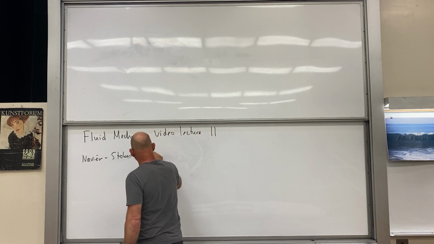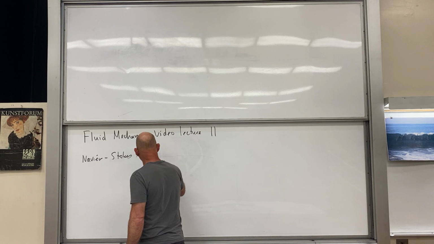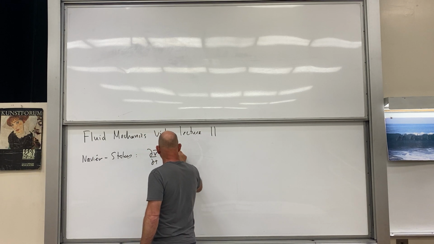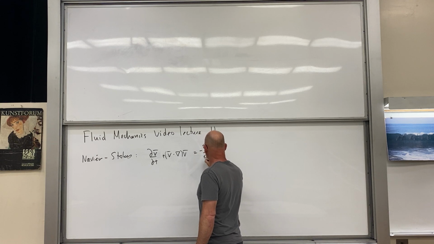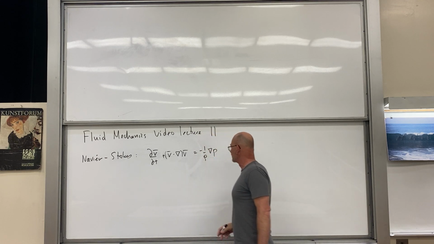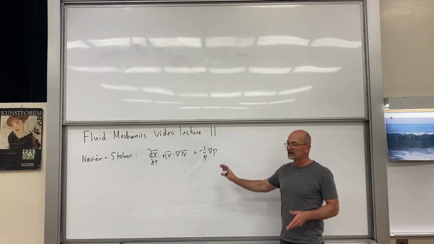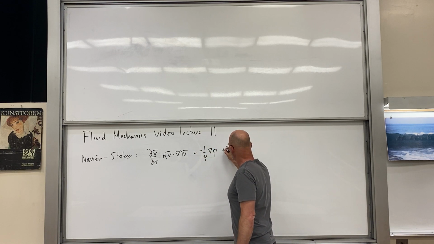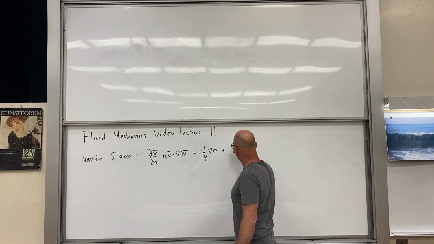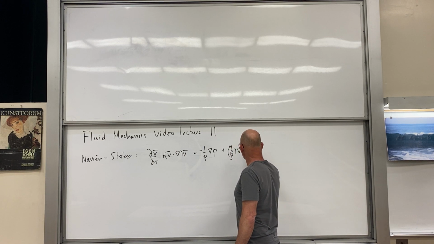So that is very familiar to us now. Minus 1 over rho gradient P, we'll say that external field would be inside the pressure if we want. Just keep it simple. Plus, now we have eta over rho del squared V.